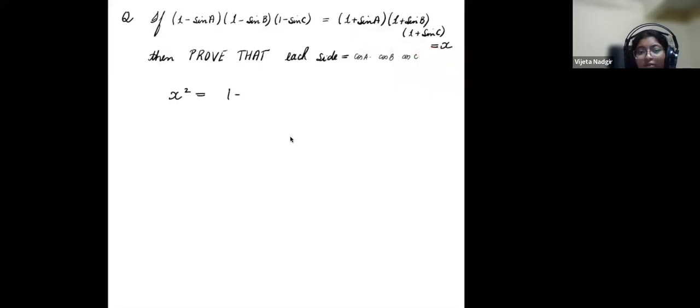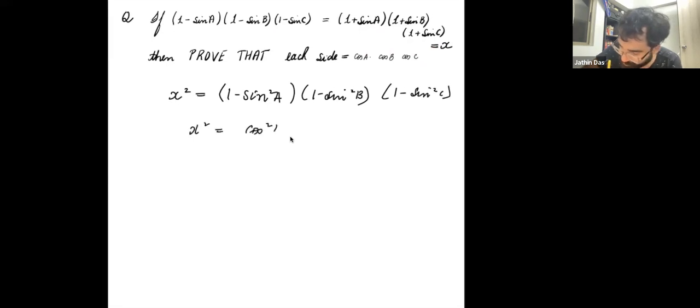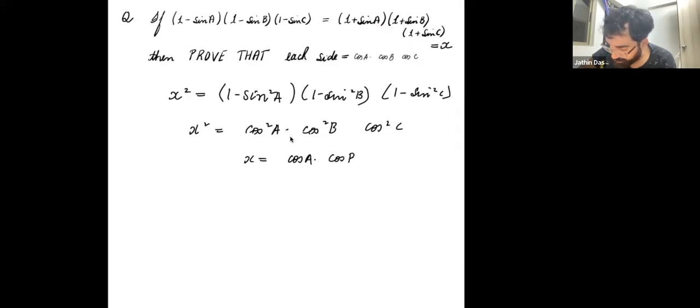So it will become 1 minus sine square A, here 1 minus sine square B, and here 1 minus sine square C. So x square is equal to cos square A, cos square B, and cos square C. And you take the square root, you will get cos A, cos B, and cos C. That's it. Plus or minus. Clear?